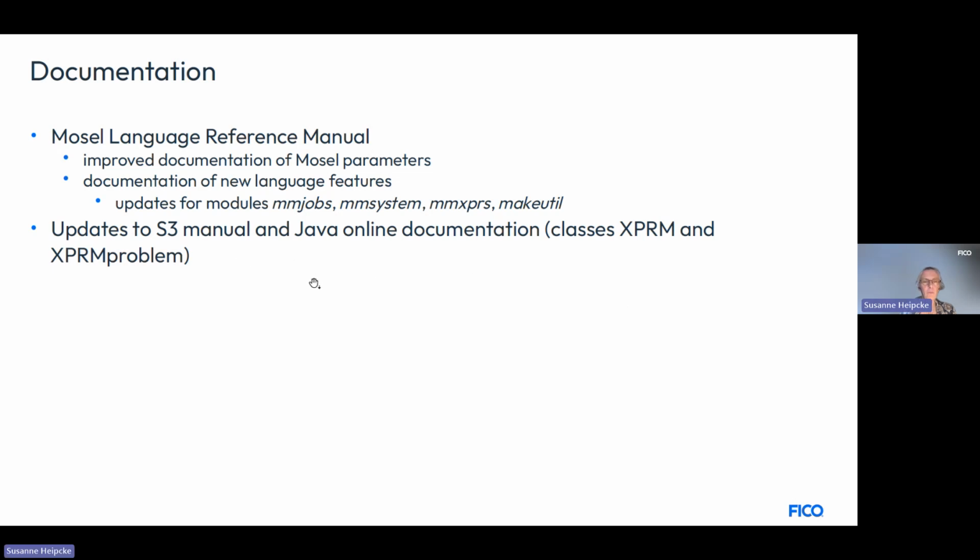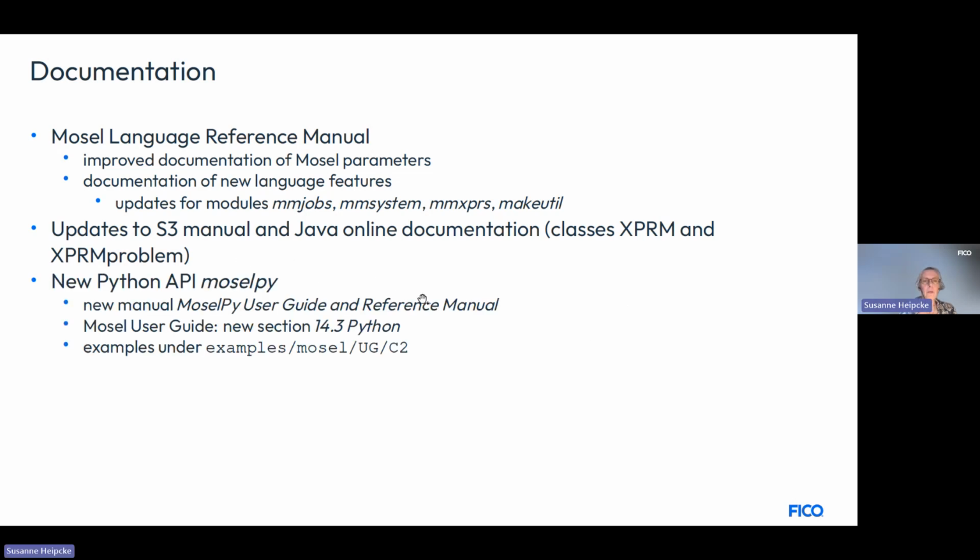We have a separate manual for S3 and Java, and there is a new guide for the Python Mosel PyAPI. This also comes with a new chapter in the Mosel user guide, and the corresponding examples that are discussed in the user guide are under examples, Mosel user guide, C2.